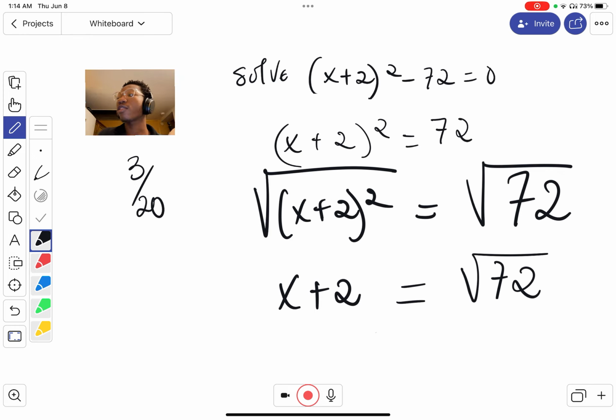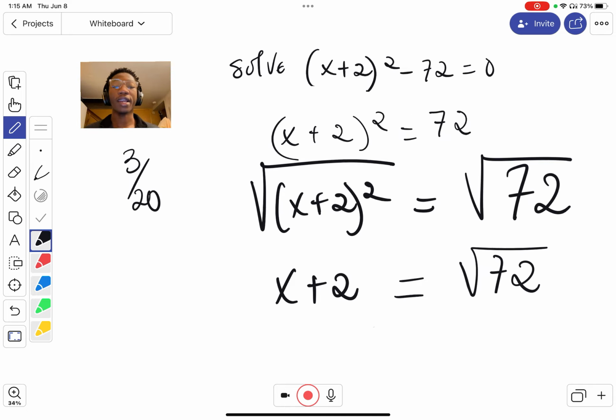If you take a calculator and put the square root of 72, it's going to give you 8.48. We do know that we don't want decimal numbers, so we don't want that.